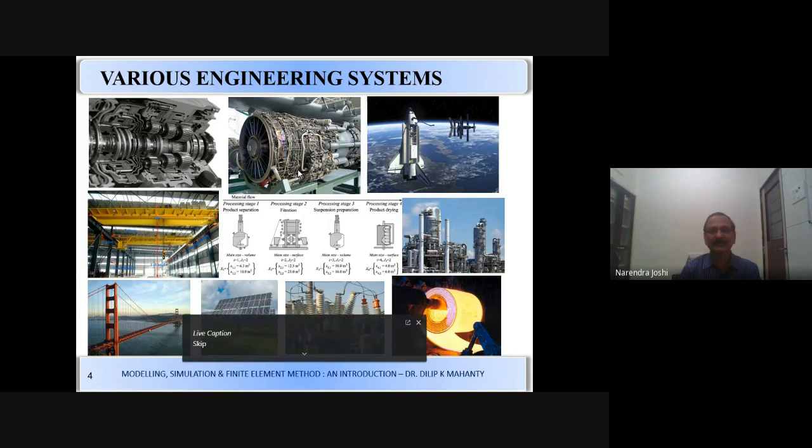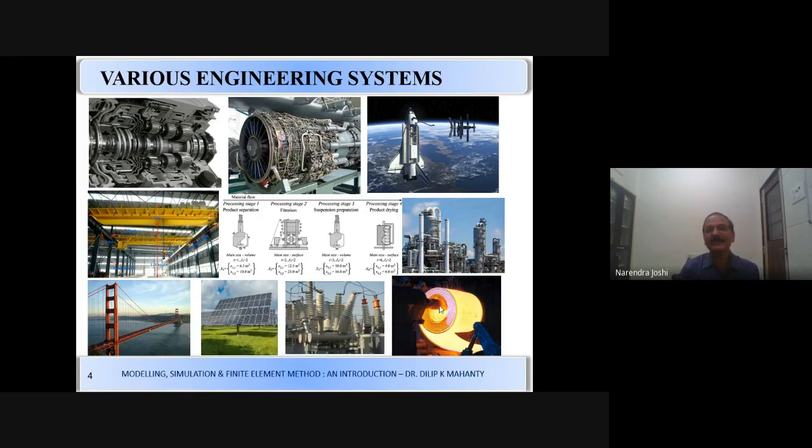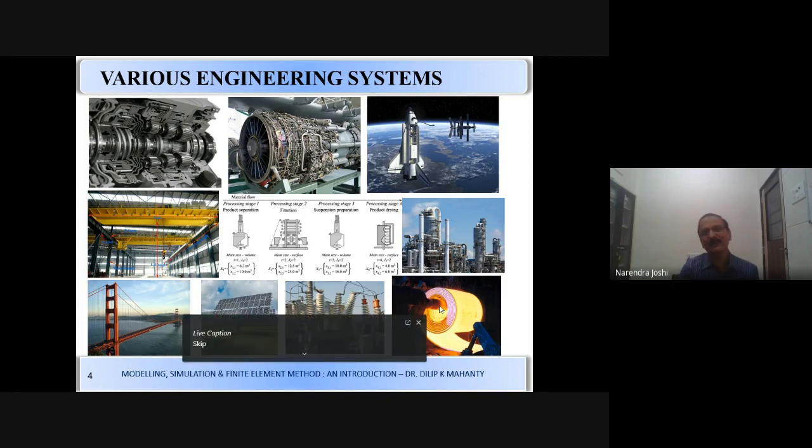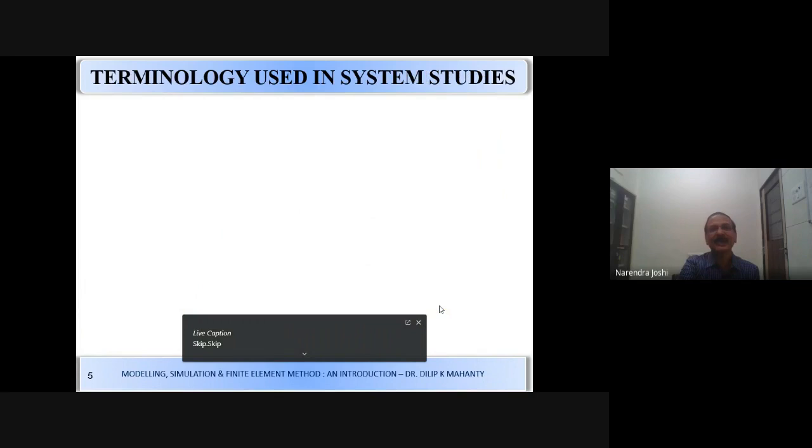Similarly, the bottom right is a metallurgical example where molten metal, steel especially, goes through rolling and we get a rolled final product. These are all engineering systems where a lot of inputs work together and give a definitive output. So this is the system.